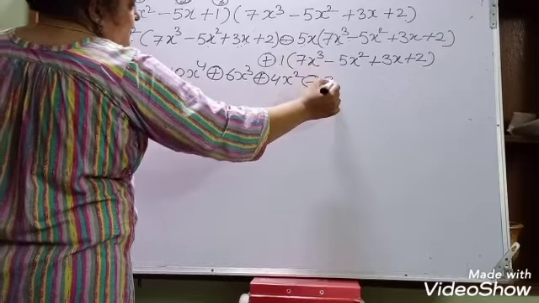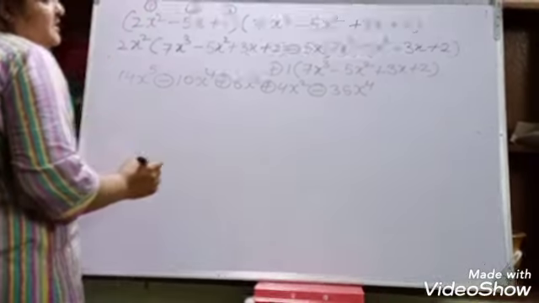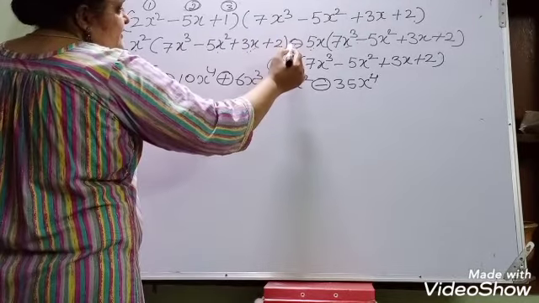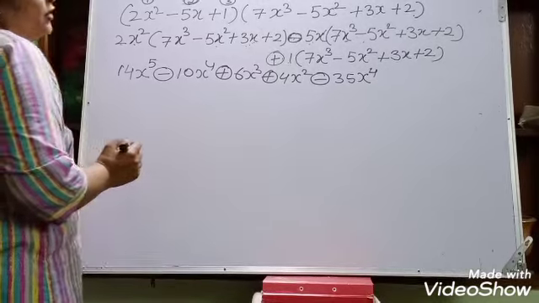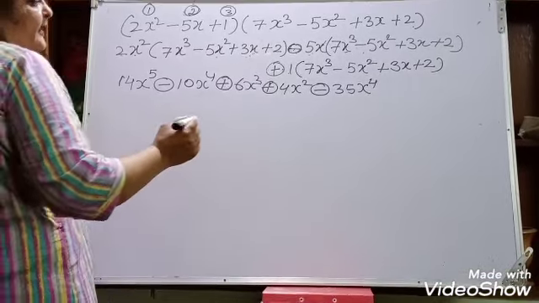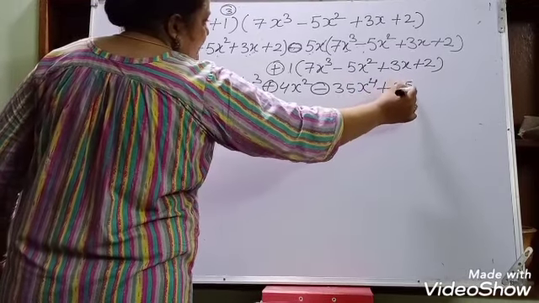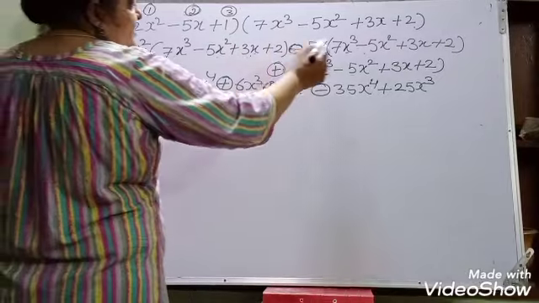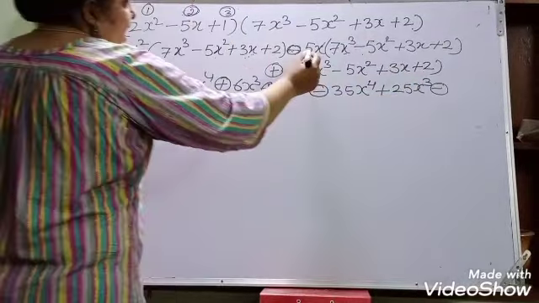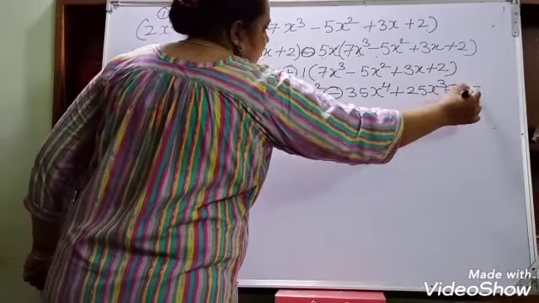Then minus 5 into 7, 35. X cube into x is x raised to power 4. Just think that there is a negative sign in front of the bracket, so you have to change all the signs which are inside the bracket. So minus plus 5 5s are 25x cube. Then minus plus minus and 5 3s are 15x into x, 15x square.